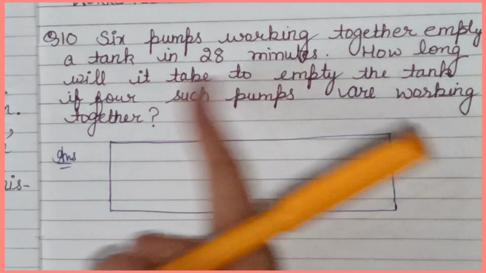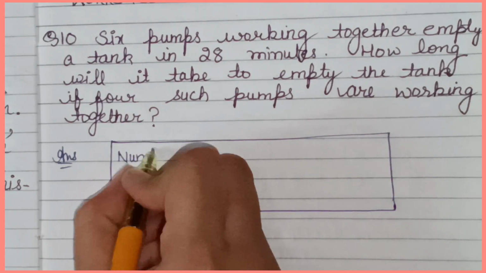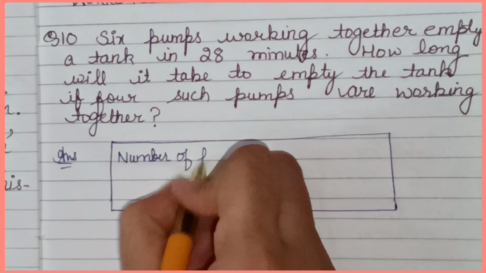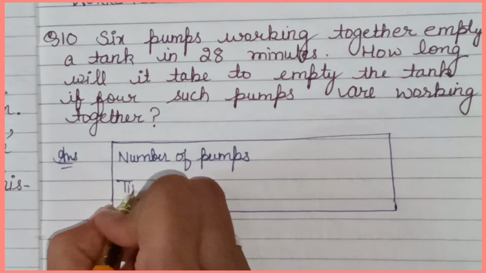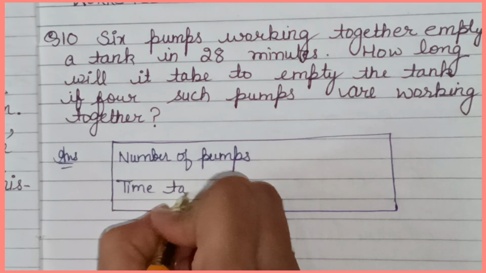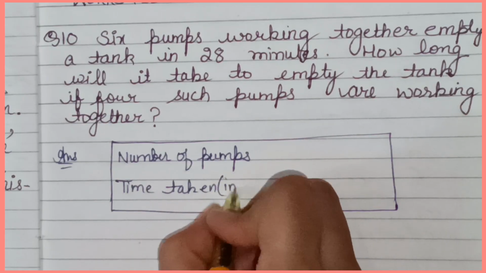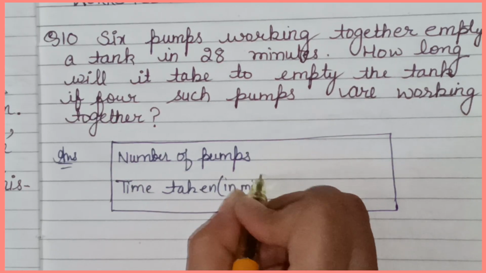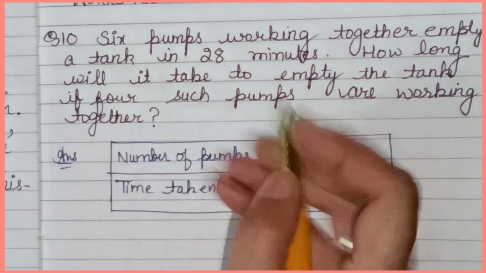In the first line I write number of pumps. Then in the second line I write time taken in minutes. So the number of pumps here is 6 pumps.